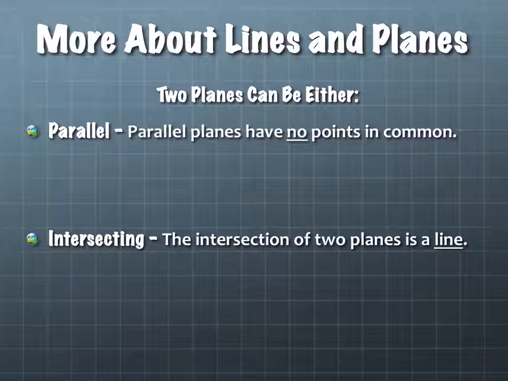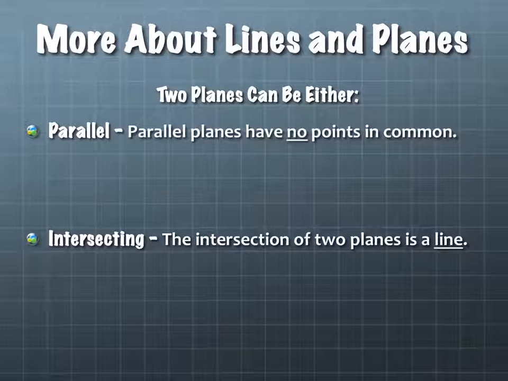Now let's talk about how planes and lines can be related, in particular planes compared to one another. Two planes can either be parallel or intersecting. Parallel planes have no points in common. For example, the floor and the ceiling: if they extended forever in all directions, they would never intersect.